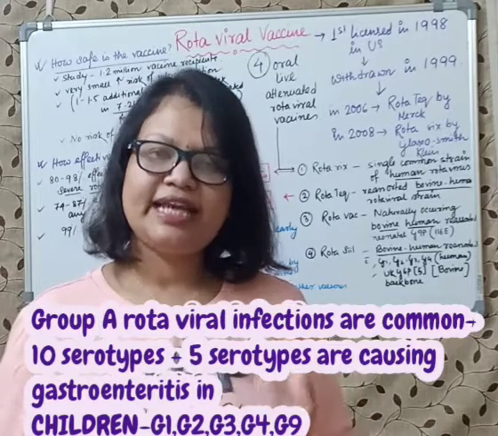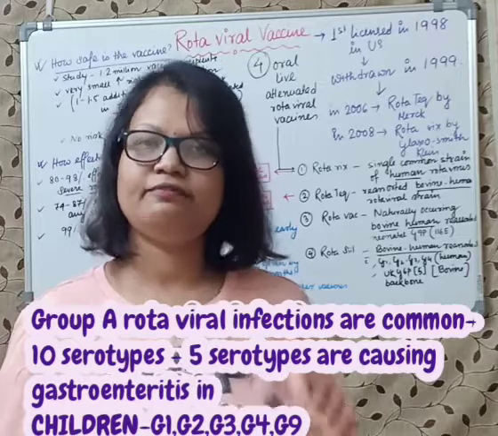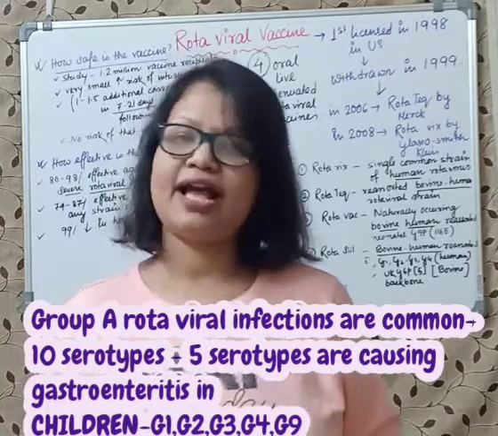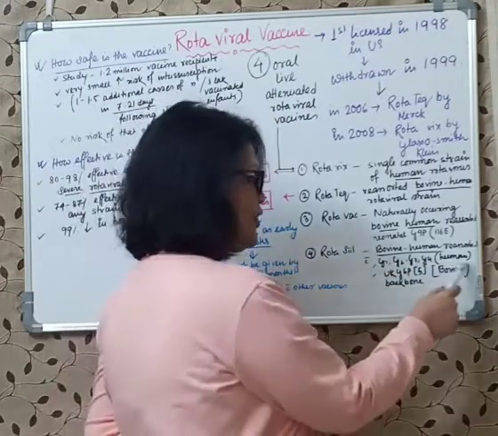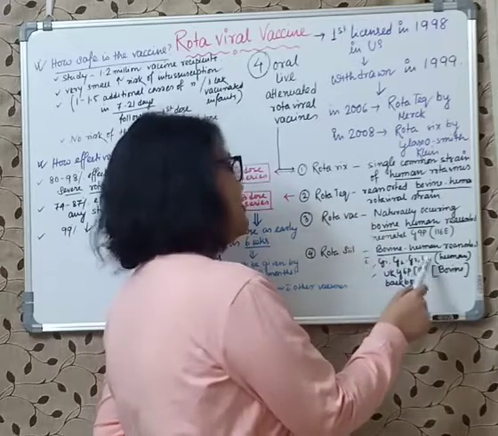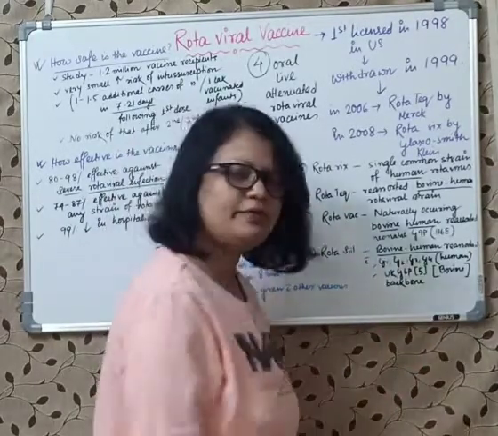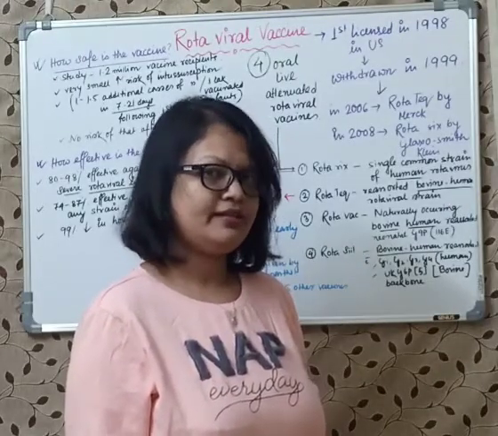Among the 10 serotypes of Group A viruses, 5 are common: G1, G2, G3, G4 and G9. So here, human G1, G2, G3 and G4 and bovine UK G6P5 backbone were used as strains.